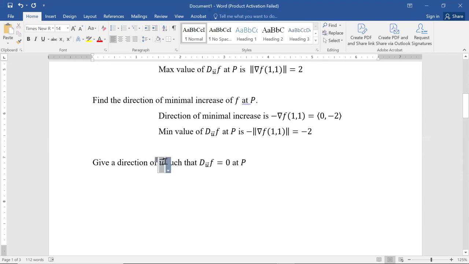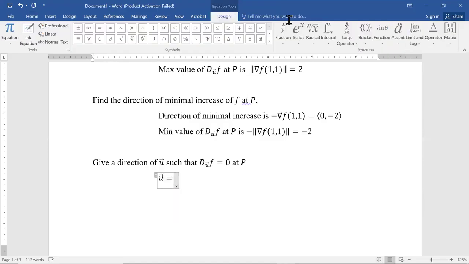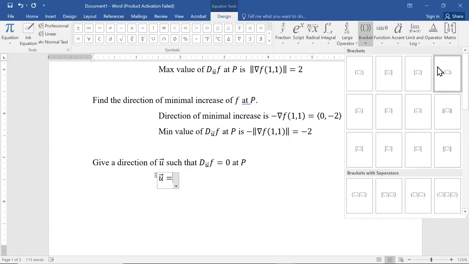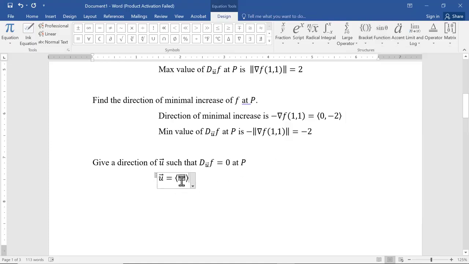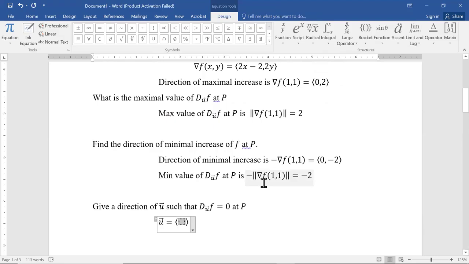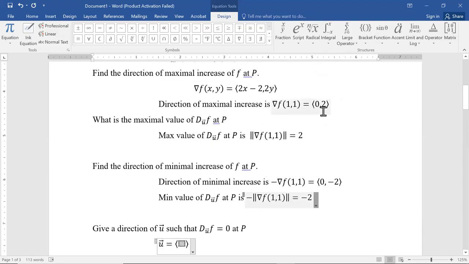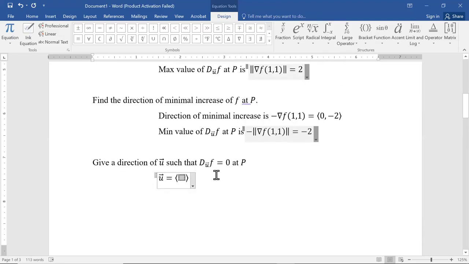We can take a vector in R2 which is orthogonal, and in R2, what I can do is take the gradient vector, which is (0, 2), swap the x and y values, and then negate one of them.